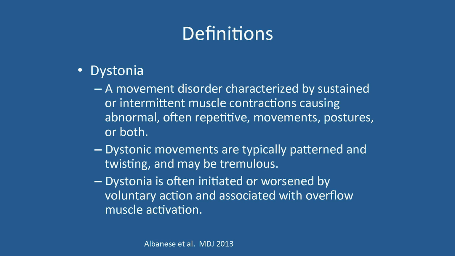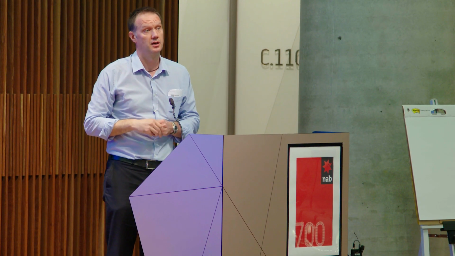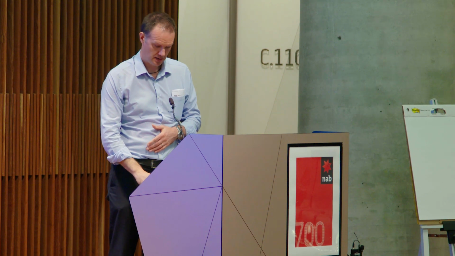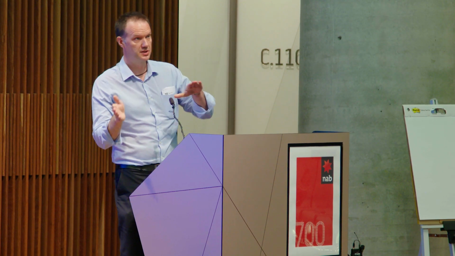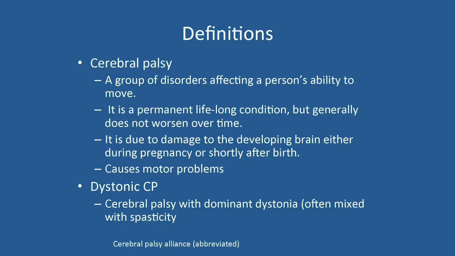And so dystonic CP is CP in the context of dystonia. The other thing we see with dystonia is that it's often activated by movement, so when you initiate a movement, you often get extra dystonia, and it can be quite jerky, even tremulous. It often associates with spasticity, and sometimes you accept that some patients have both.